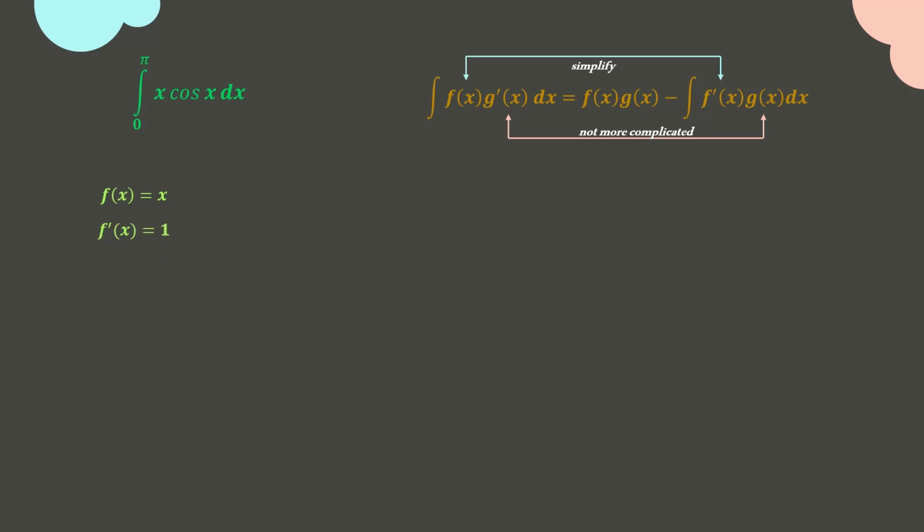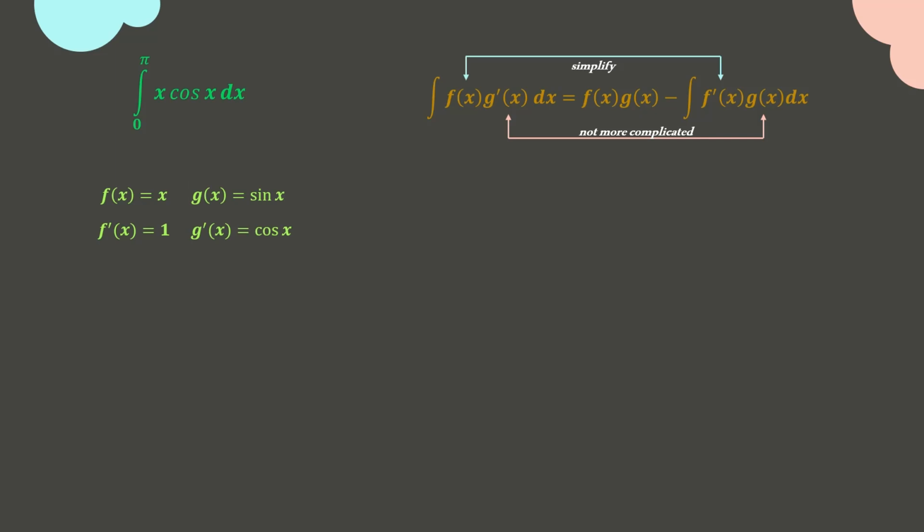Then g prime of x is equal to cosine of x. The antiderivative of cosine of x is sine of x, so g of x is sine of x. You could think about plus constants, but remember, this is a definite integral, so all of those arbitrary constants will cancel out.